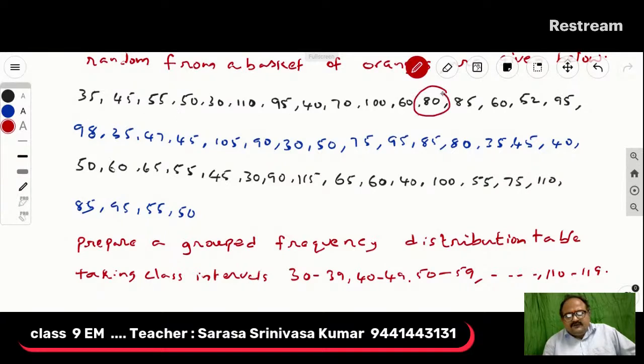So this is the first orange and this is the second orange. So how many oranges are there in the first row? 2 oranges are there in the first row.